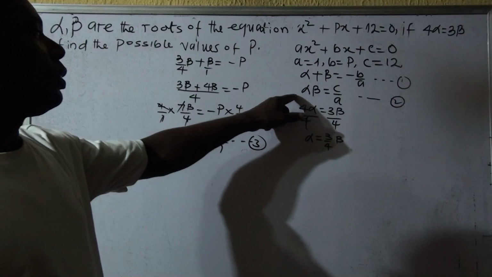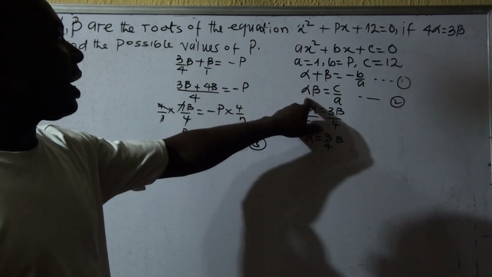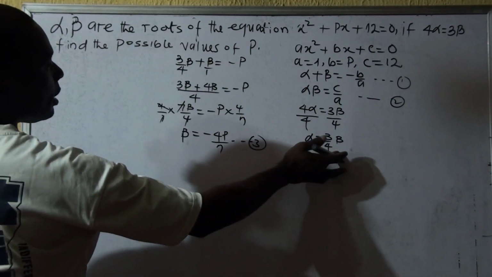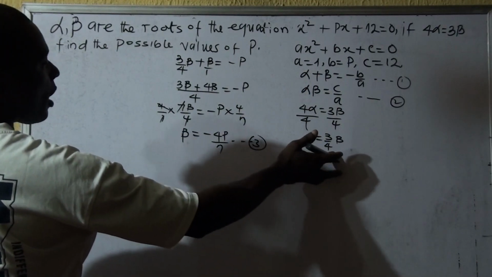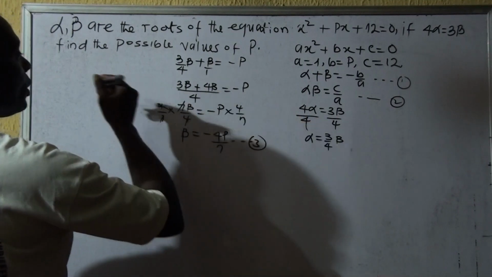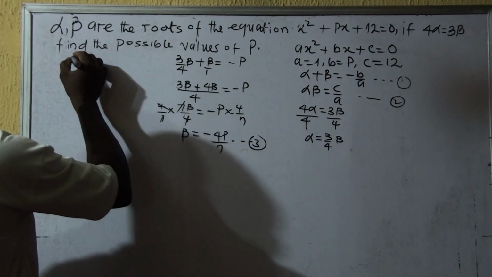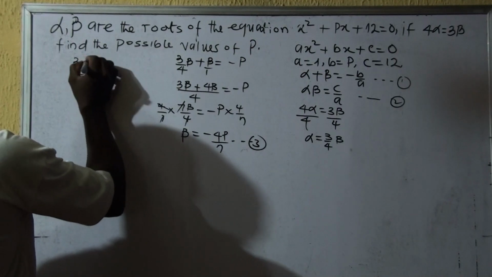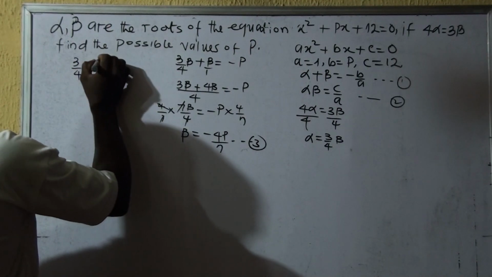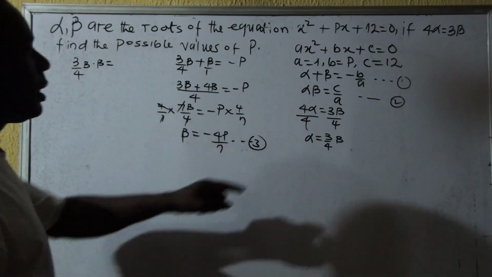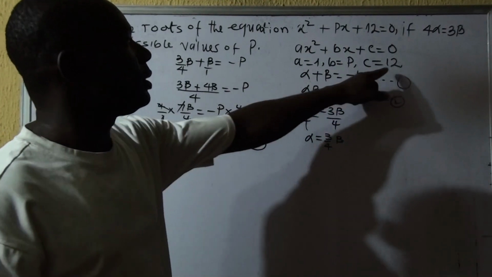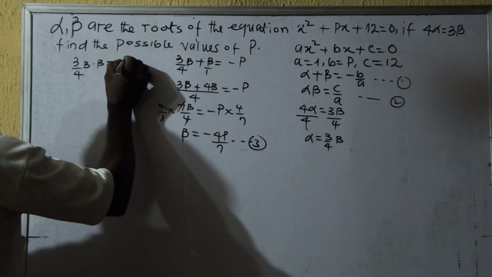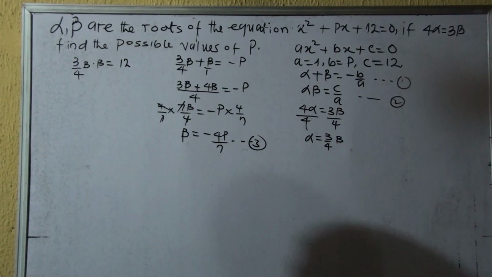But we also know from equation 2 that we have alpha beta. In place of alpha, the expression is 3 over 4 beta, so this becomes 3 over 4 beta times beta. We said this is c over a, where c is 12 and a is 1, so this becomes 12.